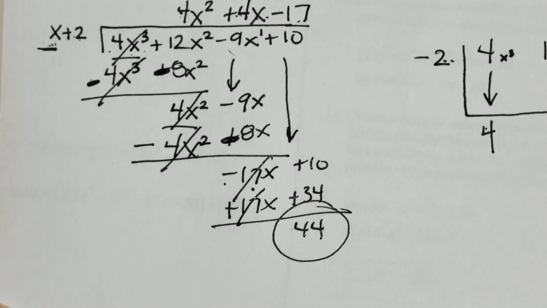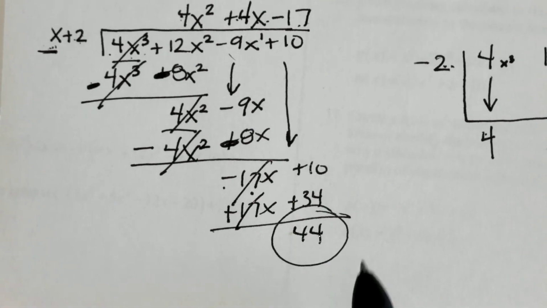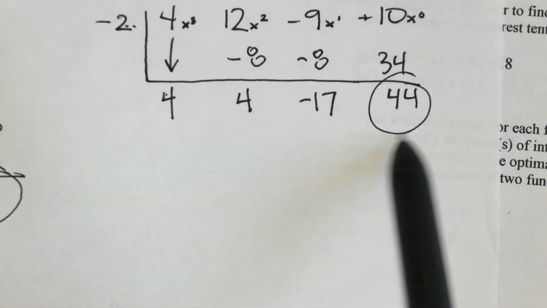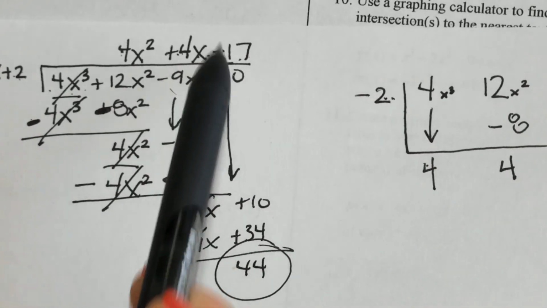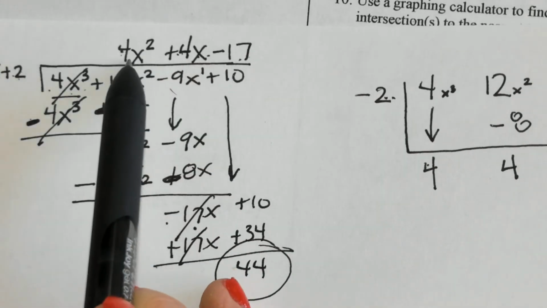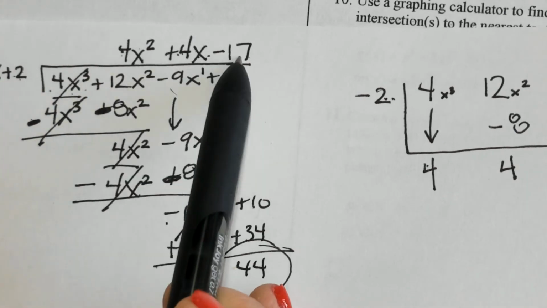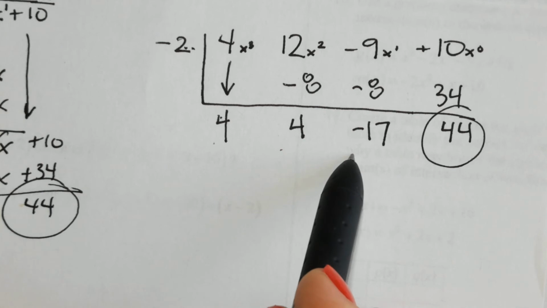Now let's look at the 2. I just want you to look here. I have a remainder of 44 here, or with synthetic, I also have a remainder of 44. Now when I divided, this is the answer I got. Here's the remainder. Now look at the answer I have. 4, 4, -17, and 4, 4, -17.